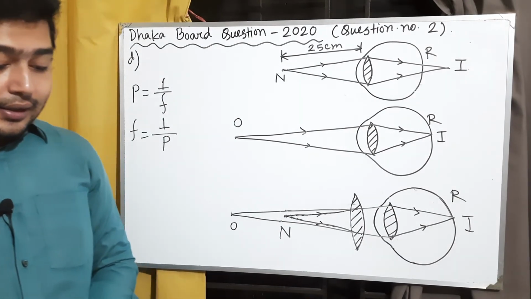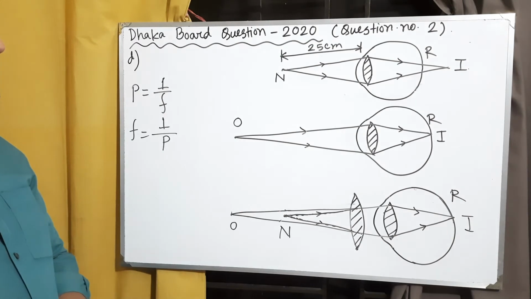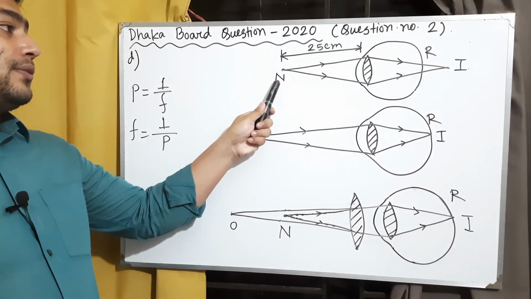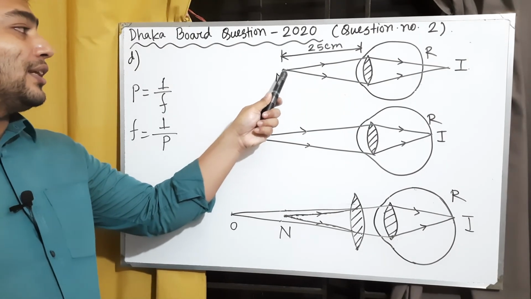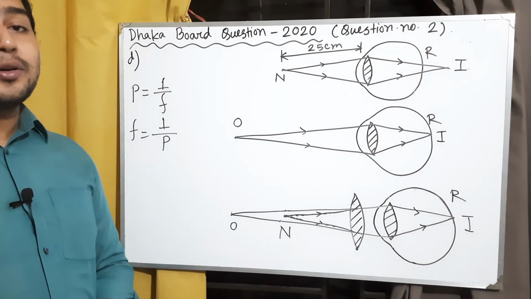For this reason the eye cannot see near objects.